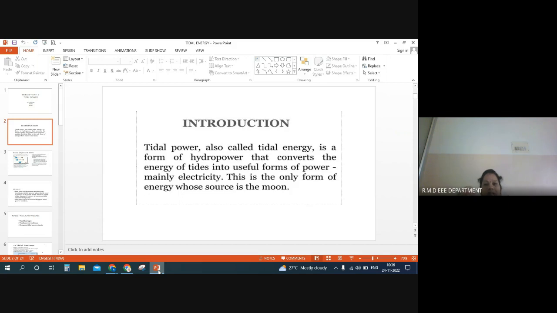Since the gravitational forces offered by the moon and the sun are in the same direction, they aid each other. That is why they are capable of generating strong tides called spring tides. Generally speaking, spring tides occur during the full moon and the new moon period.